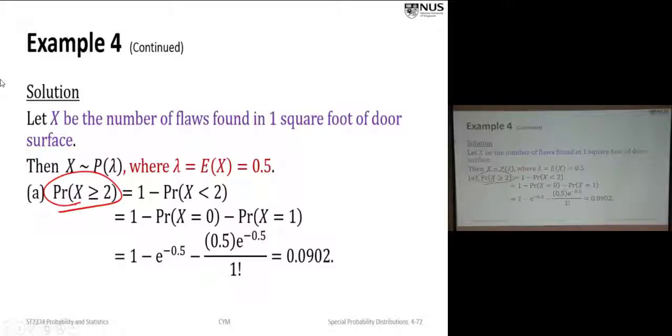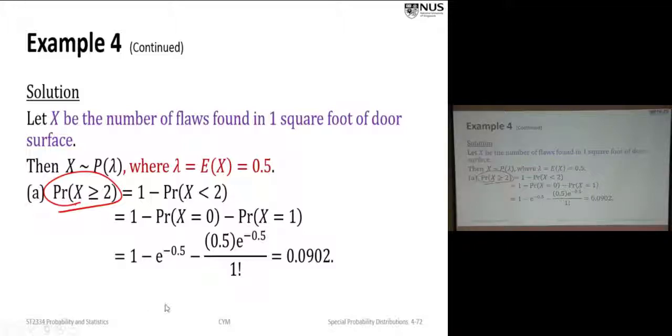So based on this rule, whenever you inspect 1 square foot and find 2 or more faults, you send back for rework. And the chance is 9%. That means 9% of the doors will be sent back.